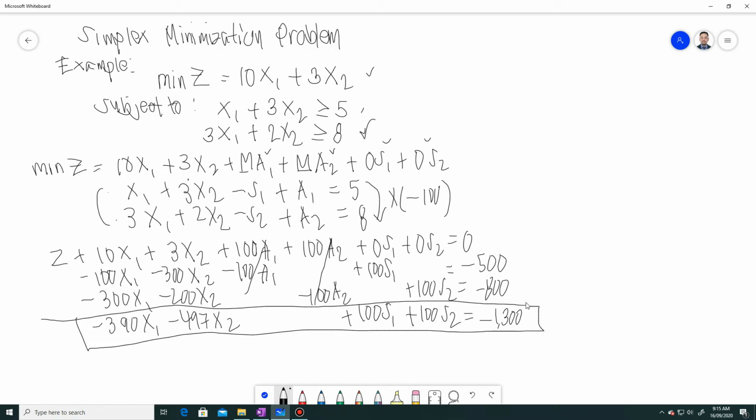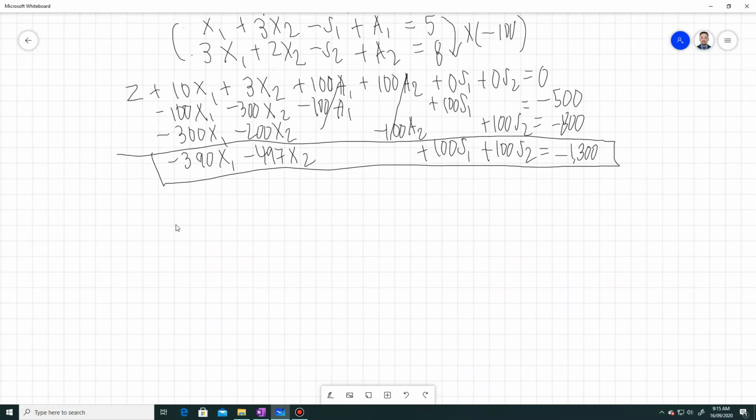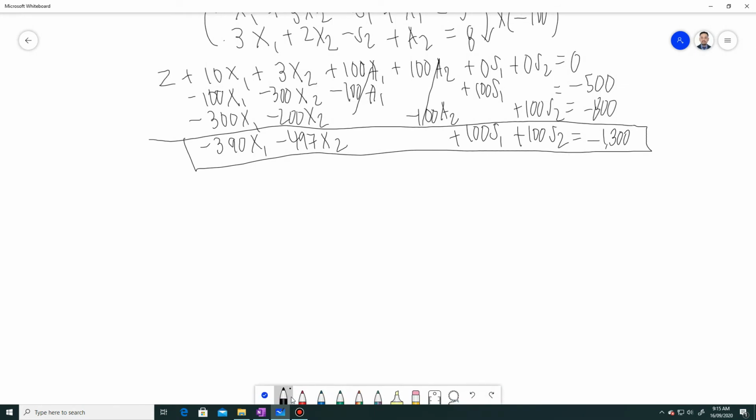We will build the first table. For the row part, we will write the artificial variables a1 and a2, and then the objective function z, which is minimization.